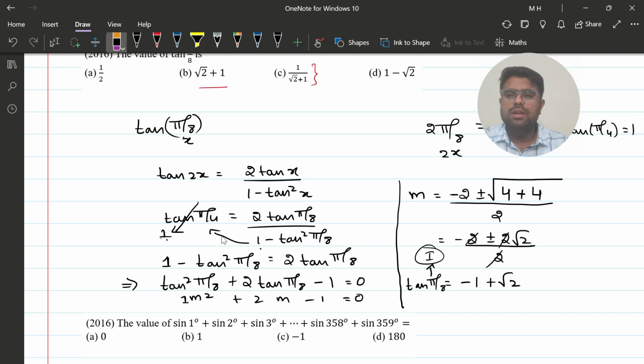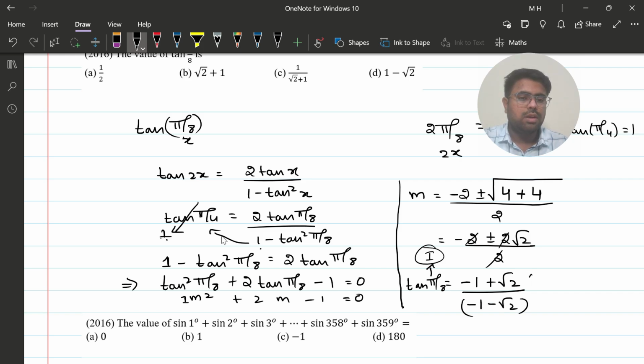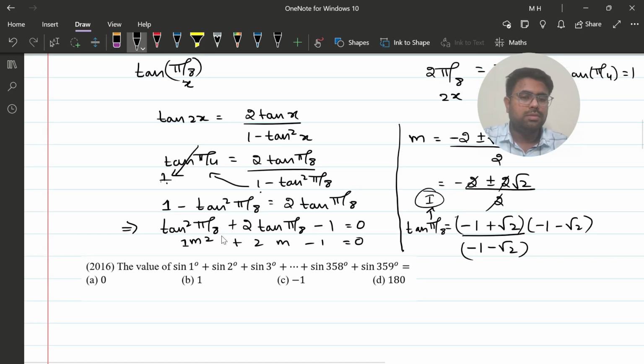Okay. So I think they have multiplied and divided it by its conjugate. So divided by, if I take minus 1 minus root 2 here, it is going to be, if I take a square minus b square, right?